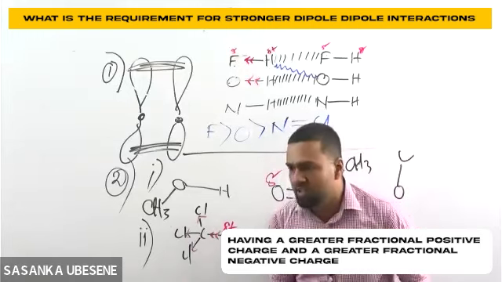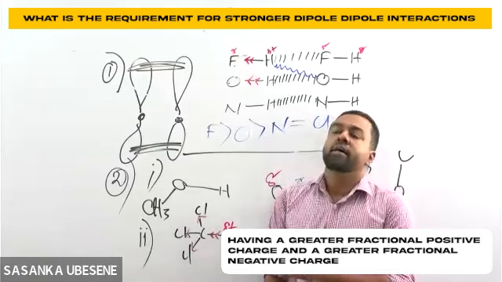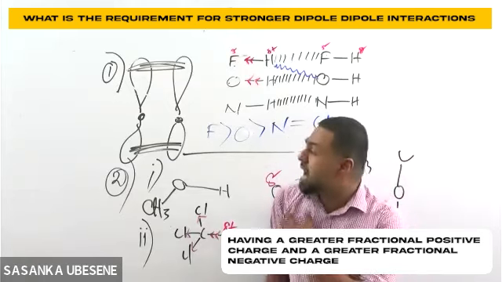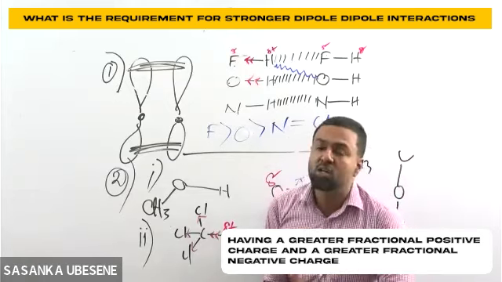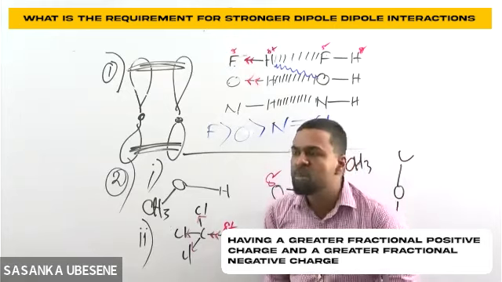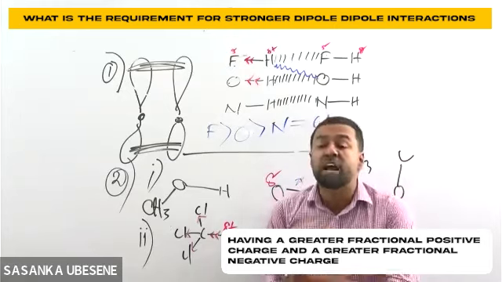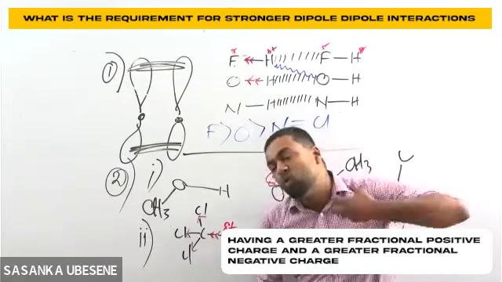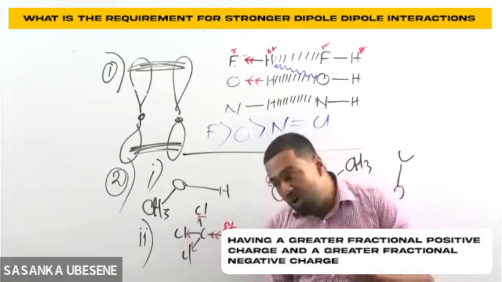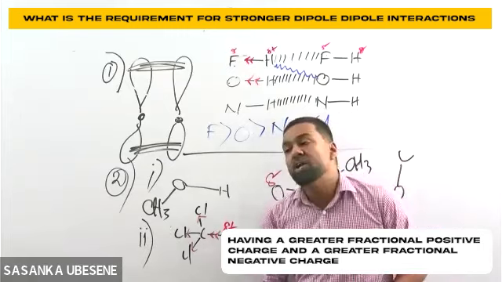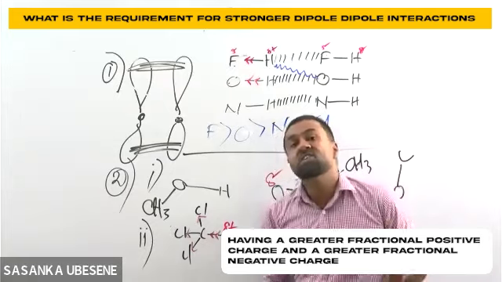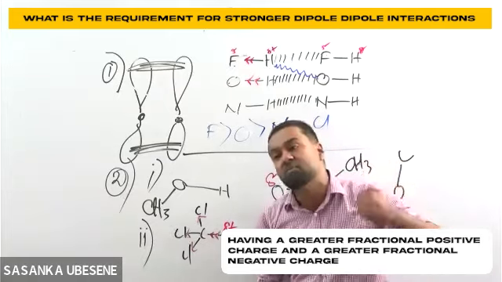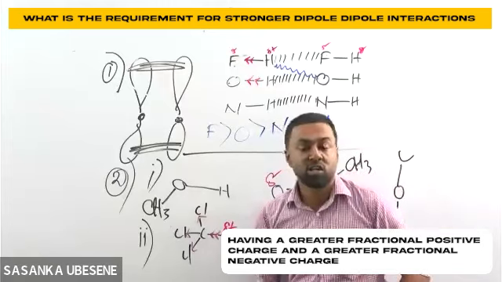Requirements and everything are built up based on this one: having a greater fractional positive charge and fractional negative charge. So what is the requirement for a stronger dipole-dipole interaction? Having a greater fractional positive charge and a greater fractional negative charge.